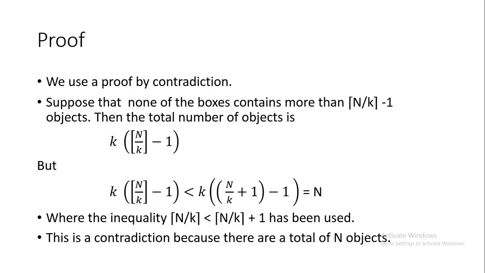But k(⌈n/k⌉ − 1) is less than k((n/k + 1) − 1), which is equal to n. So the inequality ⌈n/k⌉ < n/k + 1 has been used. But this is a contradiction because there are a total of n objects.